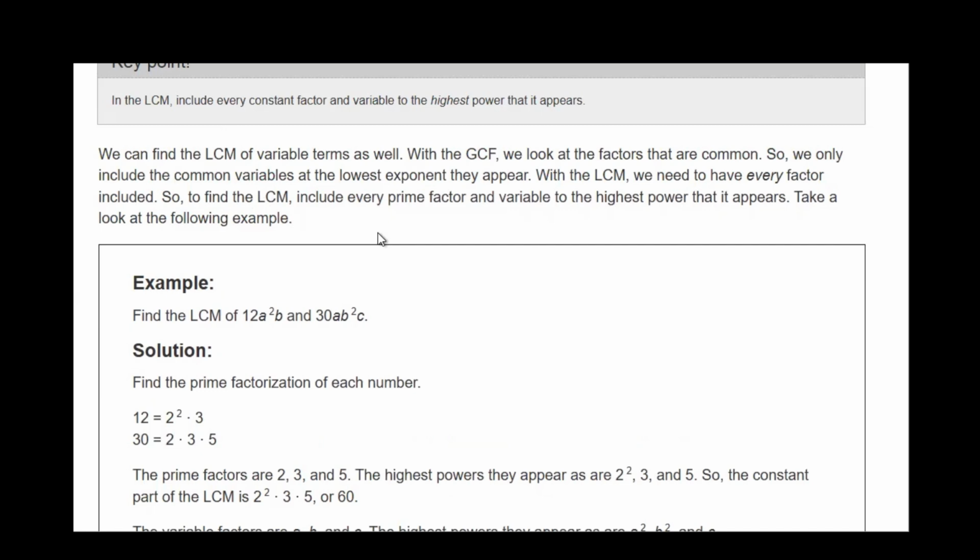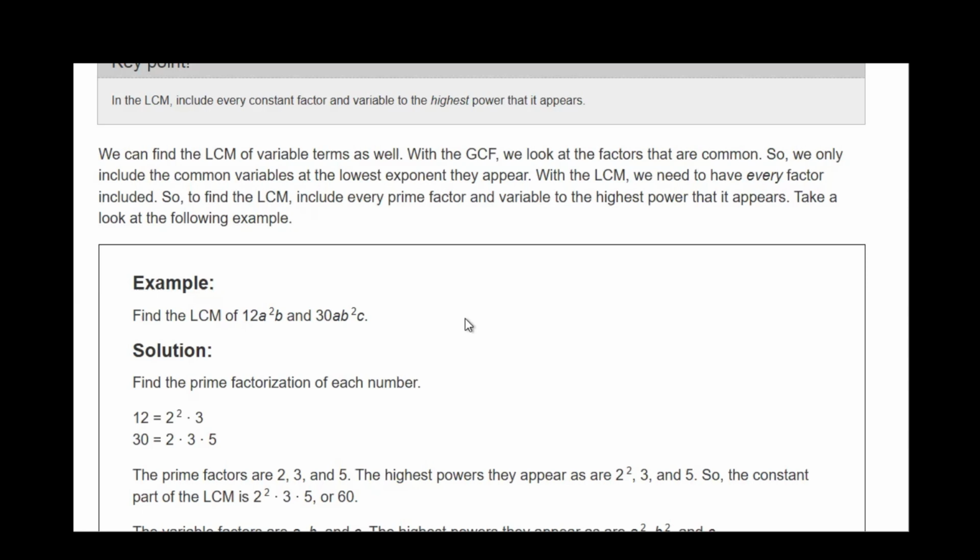With the greatest common factor, we look at factors that are common, so we only include the common variables at the lowest exponent they appear. With the LCM, we need to have every factor included, so to find the lowest common multiple, include every prime factor and variable to the highest power that it appears.